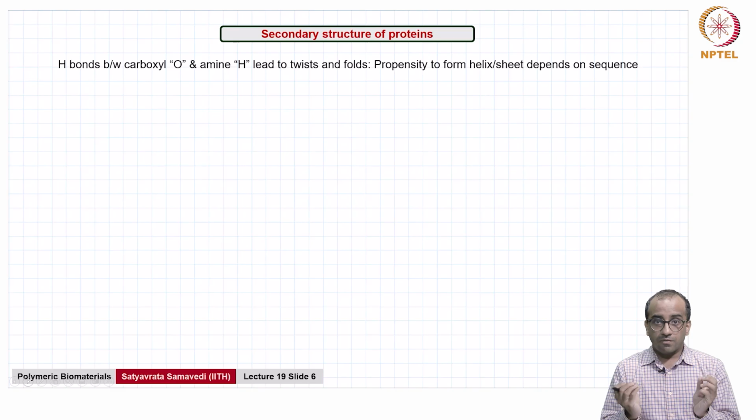So, as a result of the uncharged non-polar amino acid residues getting buried inside, the charged or more polar residues stick out and interact with the environment outside or with each other or with the water outside, and that is one reason why protein folding happens.